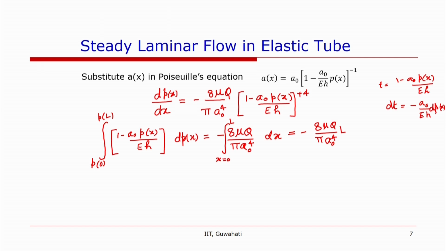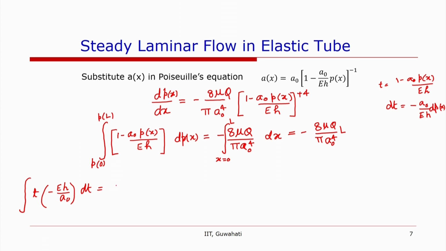So let us substitute this here, and what we will obtain is 1 minus A naught Px over EH becomes t, and dPx will be multiplied by minus EH by A naught into dt.